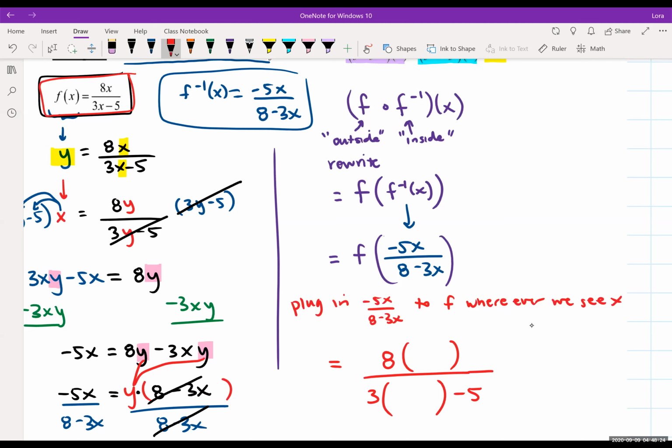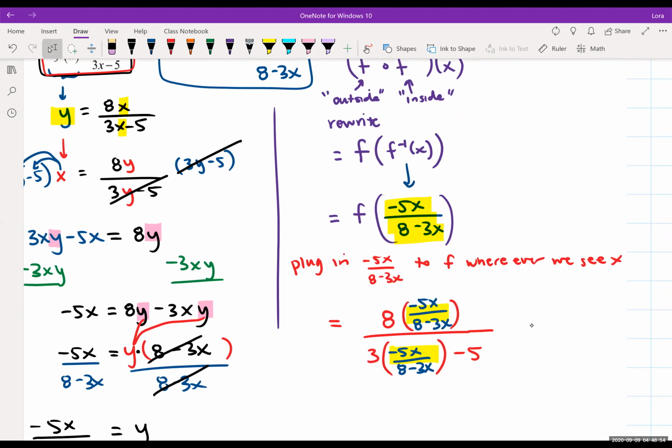I use parentheses because what I now have to do is take this argument and plug this in wherever I saw the x. So I'll do that for ourselves. Negative 5x over 8 minus 3x in both places. So now what we have is the function composed with its inverse.